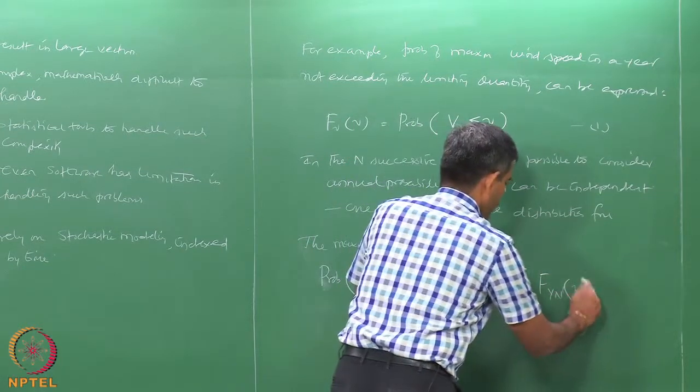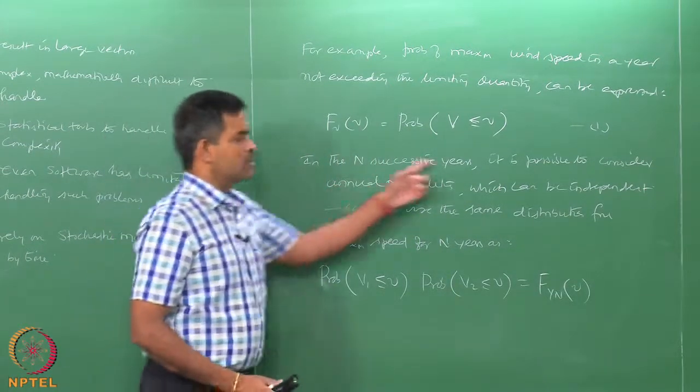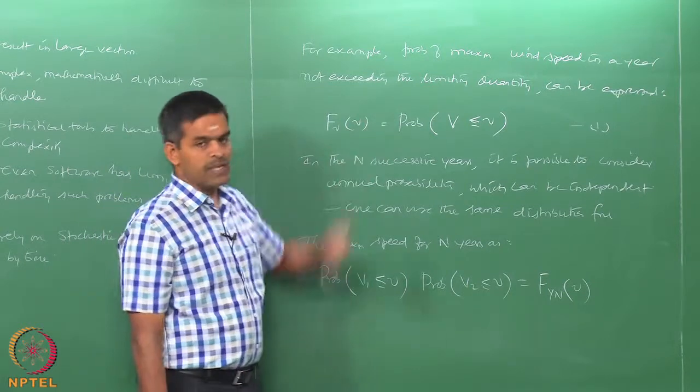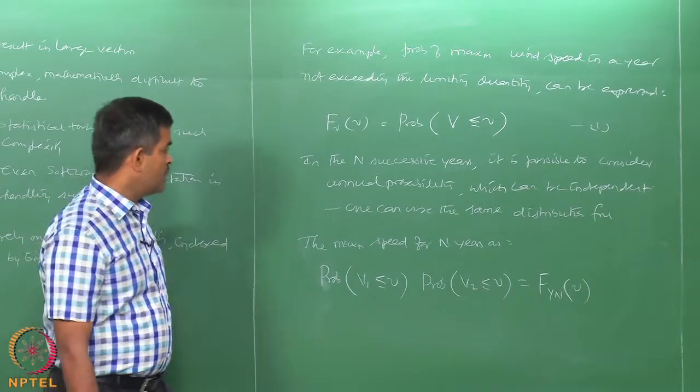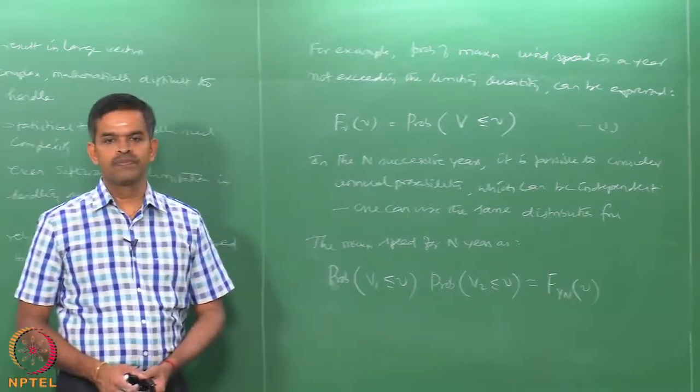Probability of V, where n is n successive years, where I want to consider the probability of exceedance of this wind speed for n consecutive years, so that that event should not exceed the maximum probable value. Okay.